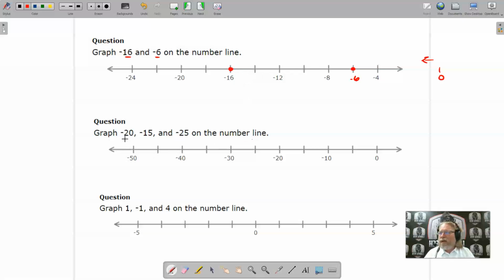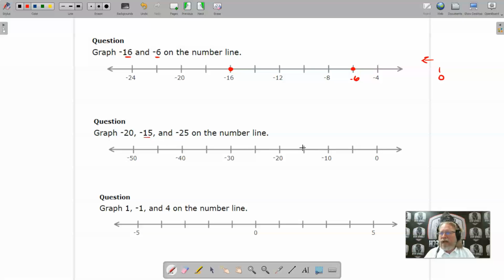On the next one, we're looking to graph -20, -15, and -25. They are all multiples of 5, and you see that we're counting by tens on the number line here. 0, -10, -20, -30, -40, and -50. So we're looking for -15, kind of going from the greatest to the least.